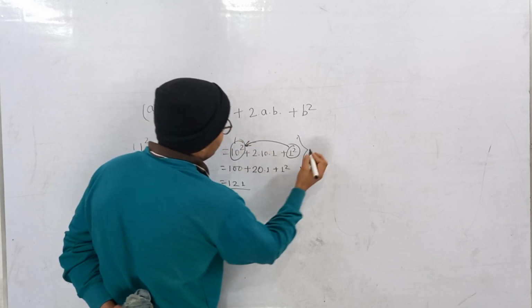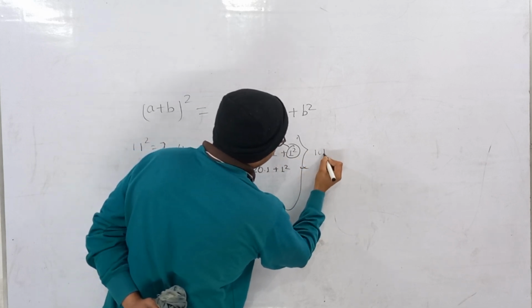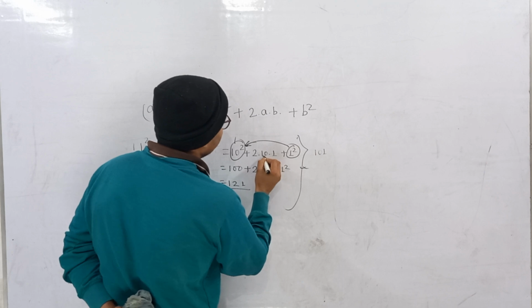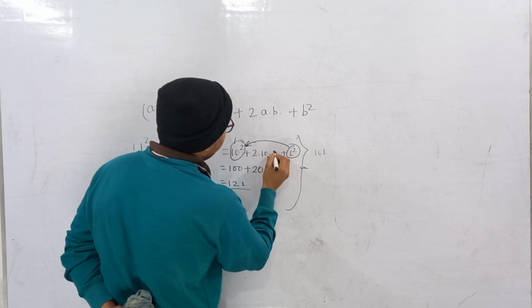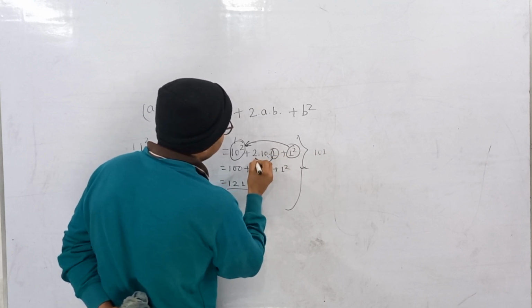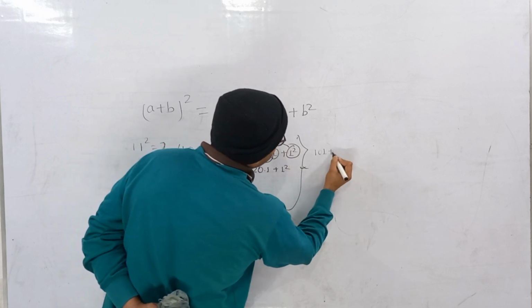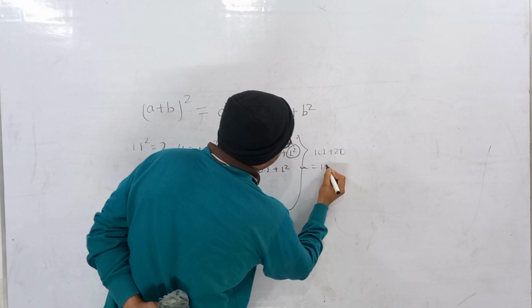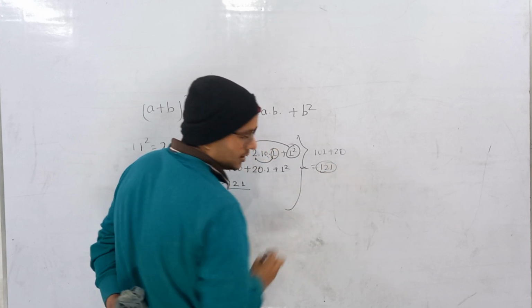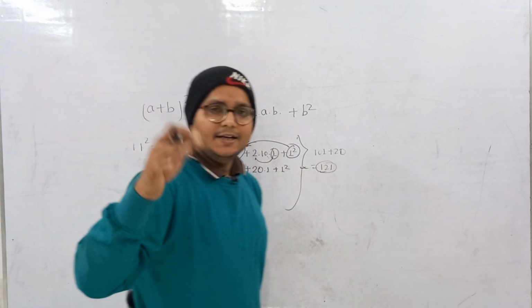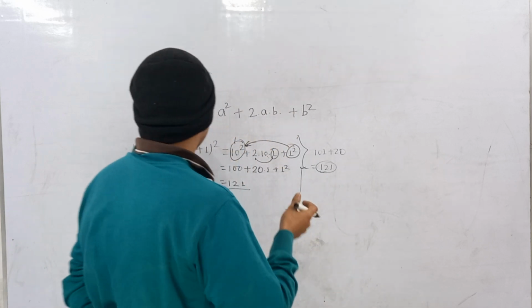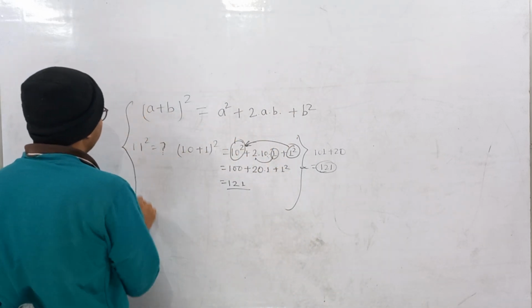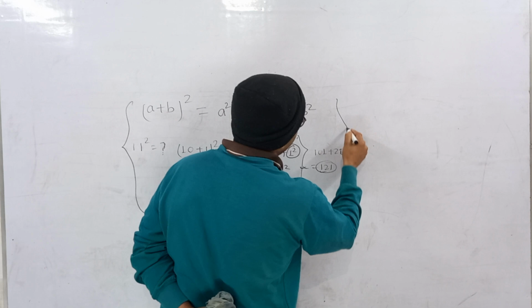Then 2 into 10 means 20, and you add it, so you will get 121 easily. Similarly, in a similar way, you can find the square of any number.